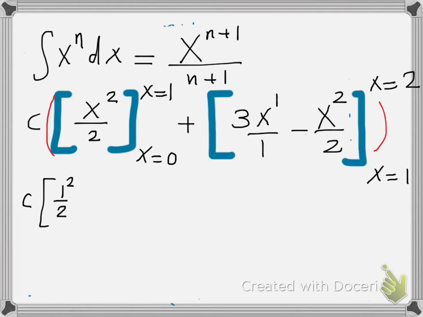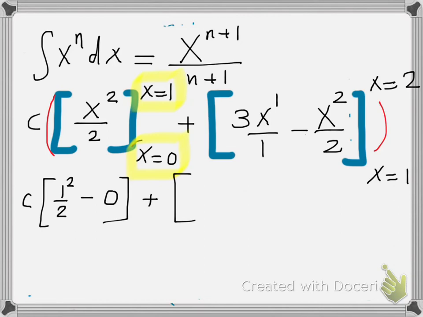I have only one term here. Now I substitute with x equal to 0. So first of all, you have to substitute with x equal to 1, the upper limit, then with the lower limit. If you substitute x equal to 0, you get 0 squared over 2, which is equal to 0.